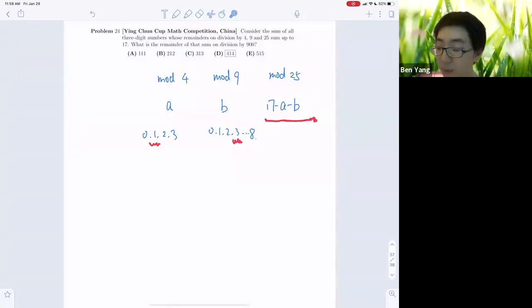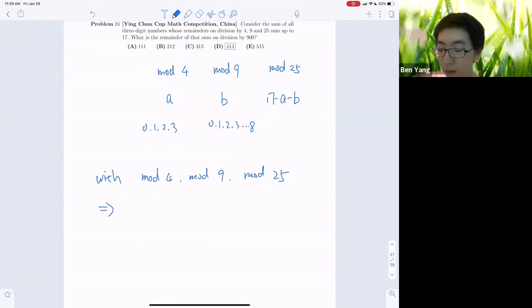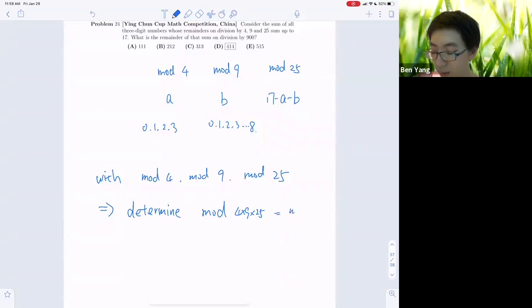The answer is yes. So first of all, with the remainders of mod 4, mod 9, and mod 25, from the Chinese remainder theorem, we know that the 3 remainders there will uniquely determine the remainder of that number mod 900, which is 4 times 9 times 25.